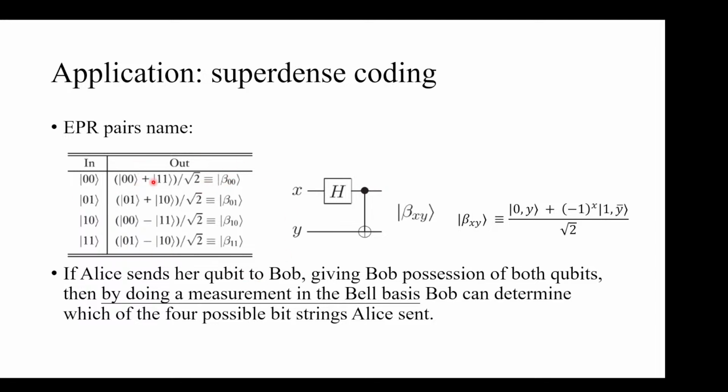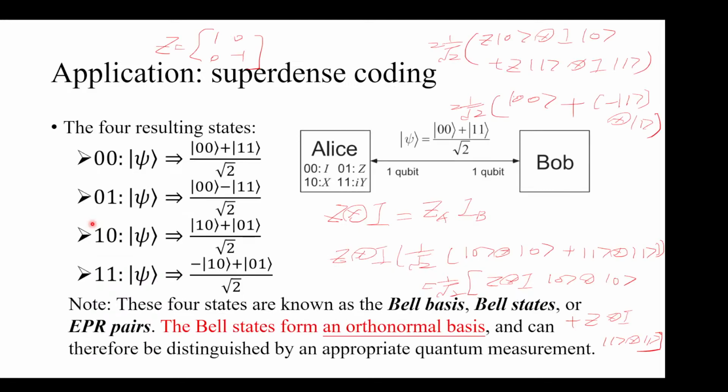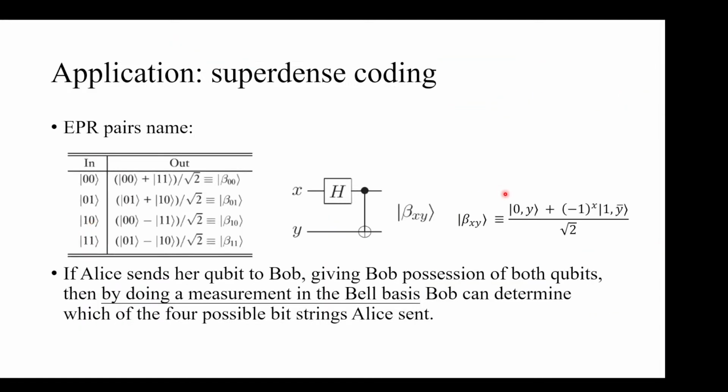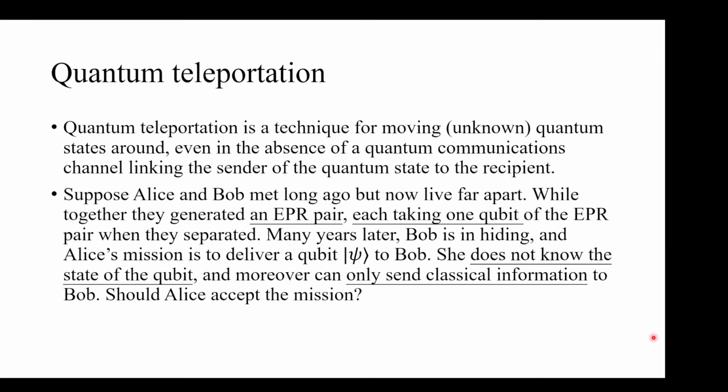This one is called beta 00, this is beta 01, beta 10, and beta 11, corresponding to the 4 possible things that Alice can do. And we have a more mathematical form of beta XY here. So that's the end of superdense coding.